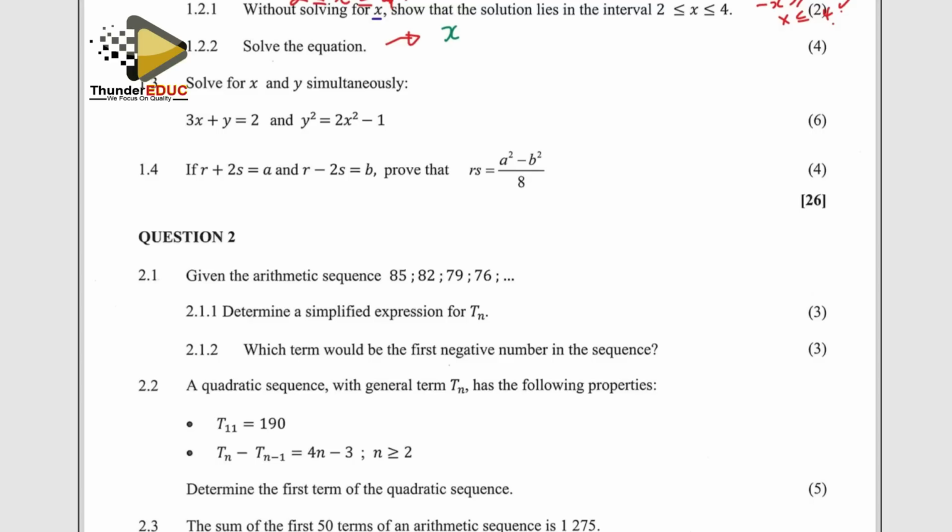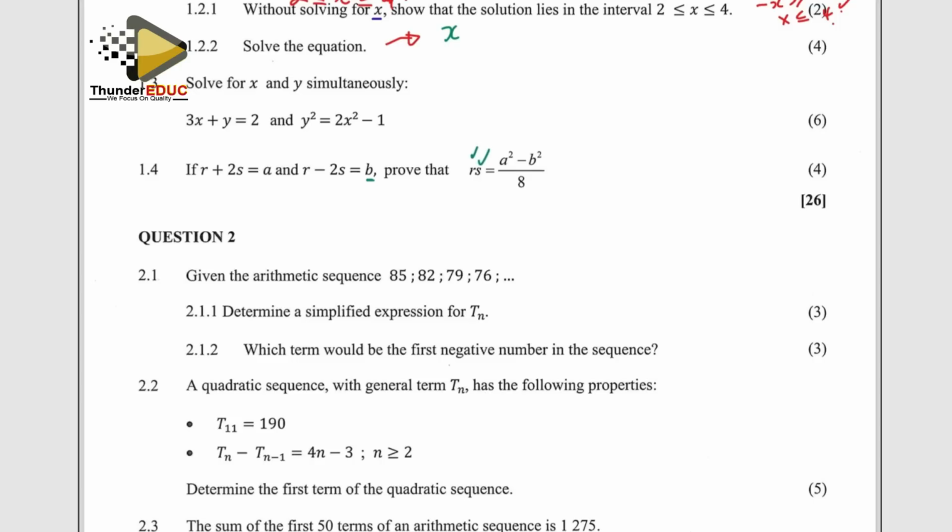1.4. They're telling us that if r plus 2s is a and r minus 2s is b, can we prove that rs is the same as this? It's going to be tricky for me to just get r and s alone.